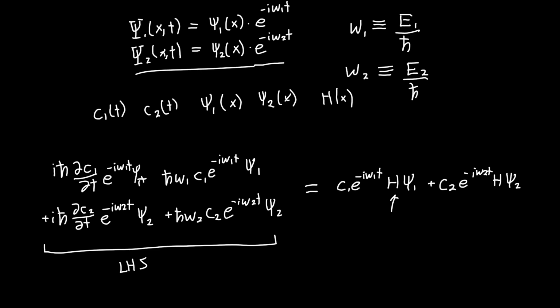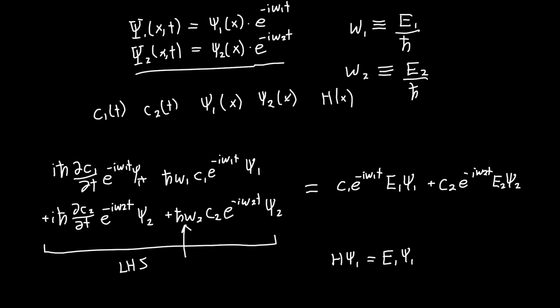Over here, we've got this Hamiltonian acting on psi 1. Since this psi 1 is just a function of x, we can use the time-independent Schrodinger equation to say that this is equal to E1 times psi 1. This is because psi 1 is an energy eigenstate. It has a defined energy. And similarly, we can do the same over here, E2 times psi 2.